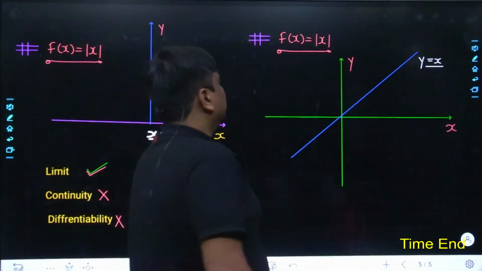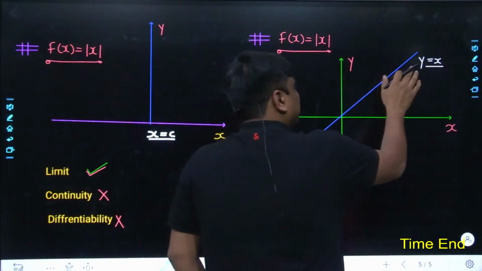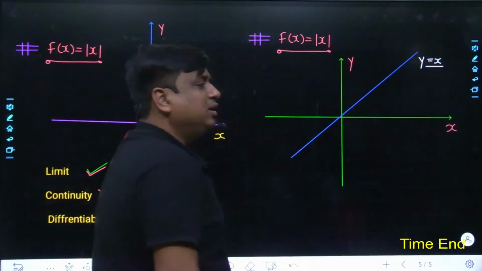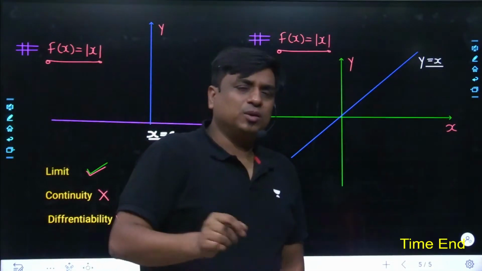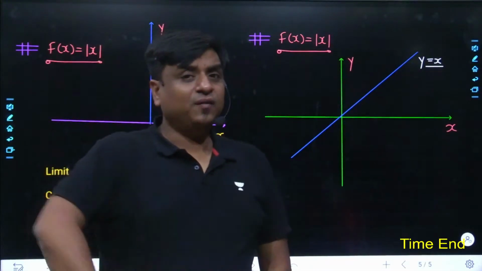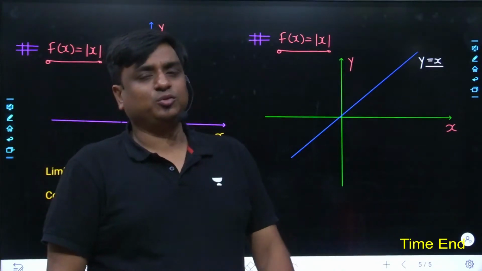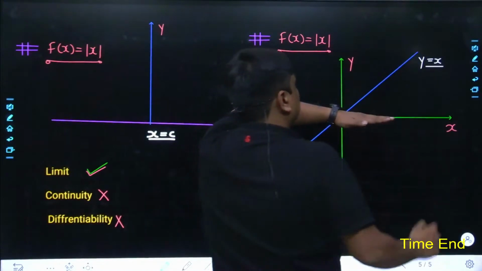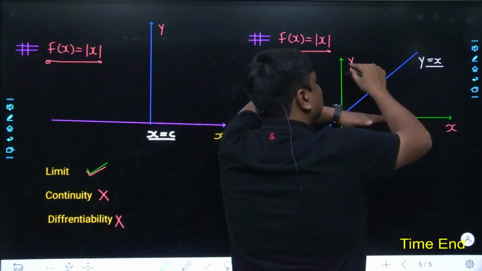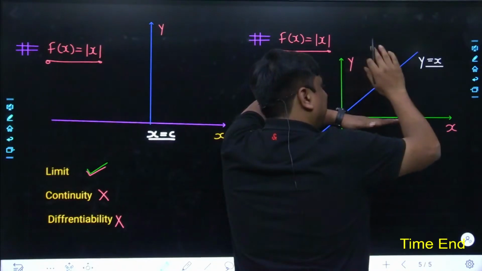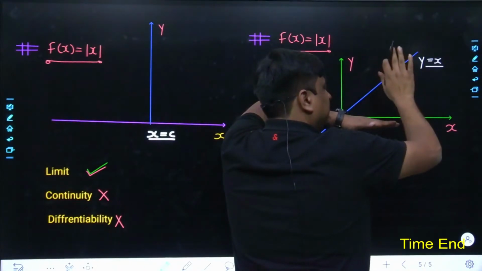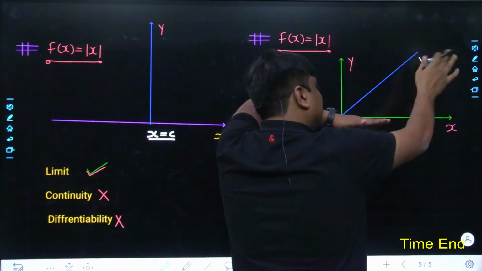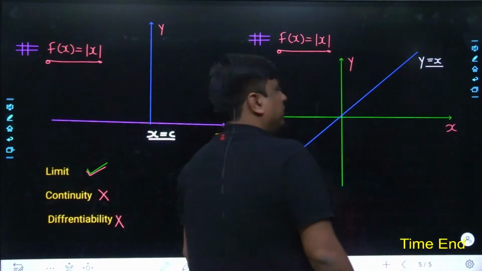So y equals x takes all real values only, and once you take the magnitude, or mod, or absolute value of any real quantity, the negative sign becomes positive and positive remains positive. In the first quadrant, y is already positive, so taking the modular hardly makes sense. This curve would remain as it is. Either you take y equals x or y equals mod of x.